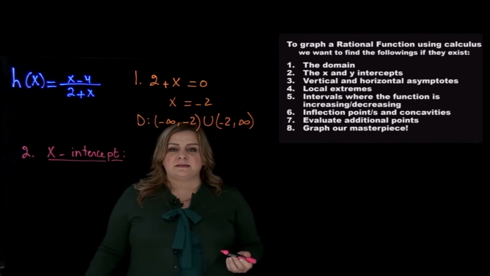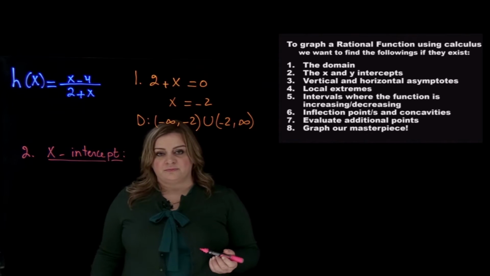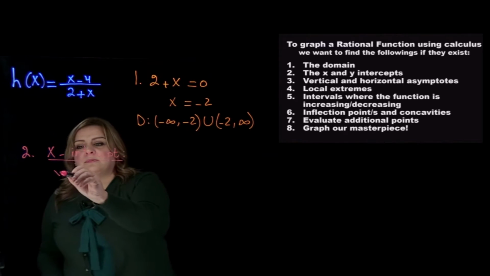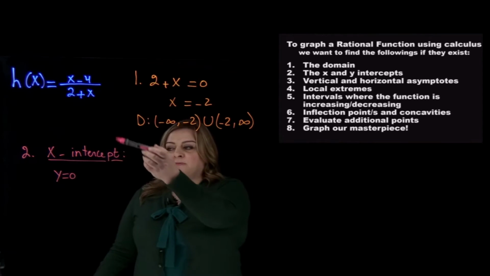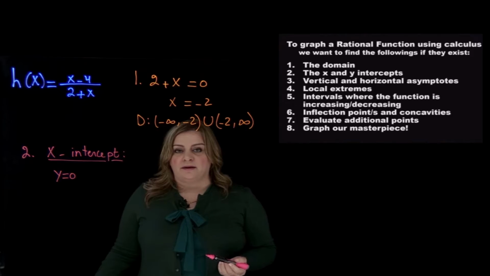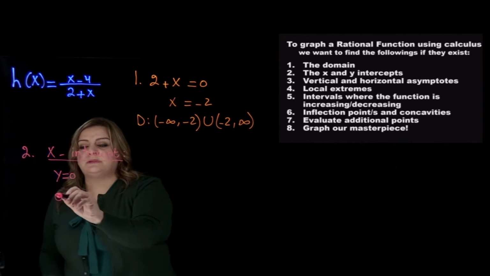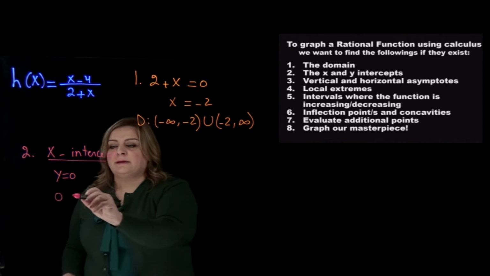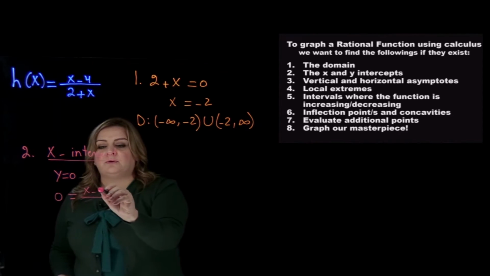To find the x-intercept, we want to let y equal 0. So at y equals 0, and we know h of x is the same as y, I want to substitute 0 for h of x and bring x minus 4 over 2 plus x.